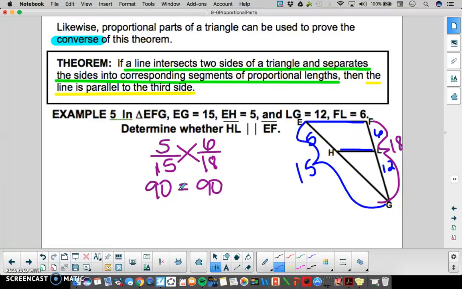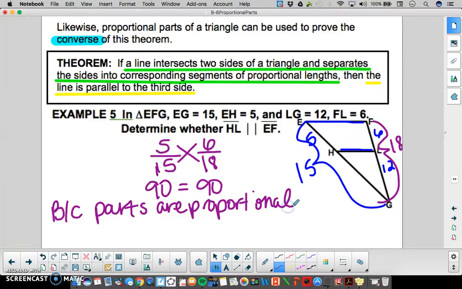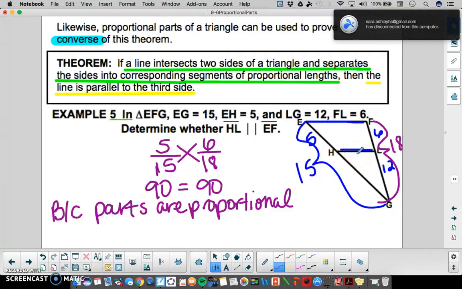So because we have proportional parts, because the parts are proportional, we know that HL is going to be parallel to EF. So we've proven that those two are parallel.